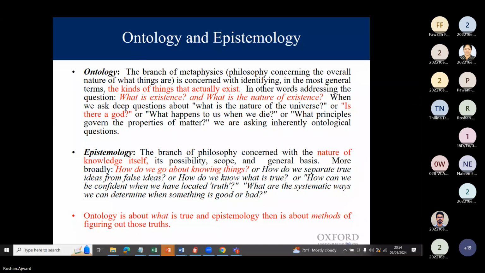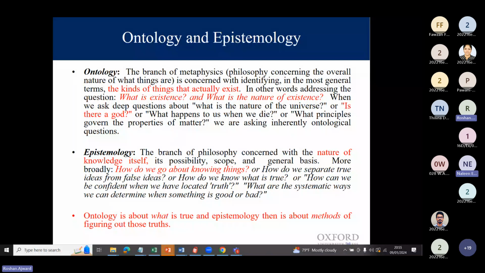If I ask whether CKDU exists, it's an ontological question. It's about existence. Epistemology means how you are going to know about it, so what are the reasons or what causes CKD?